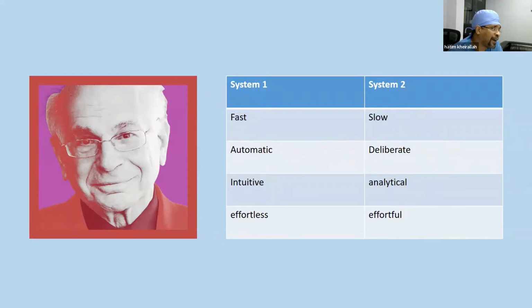Because it is fast and depends on our experience, our feeling, pattern recognition and stuff like that, it's more prone to error because it takes mental shortcuts in the decision-making process, while system 2 is more tedious, deliberative, and slow.